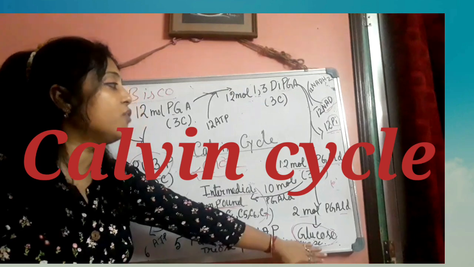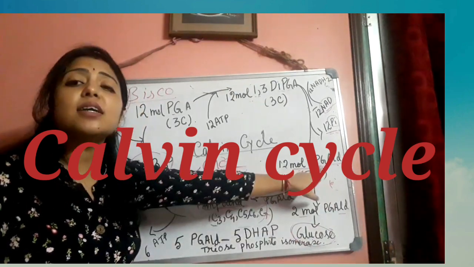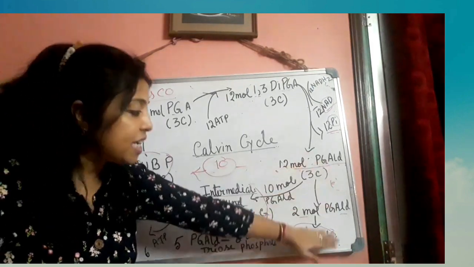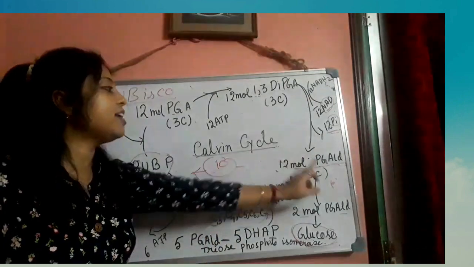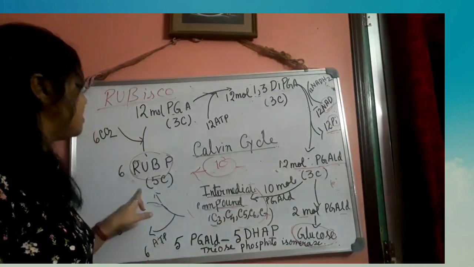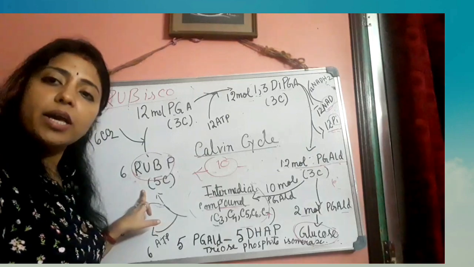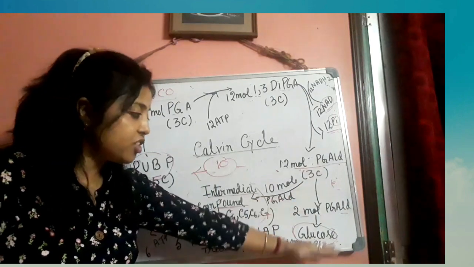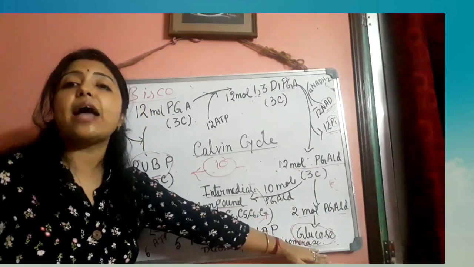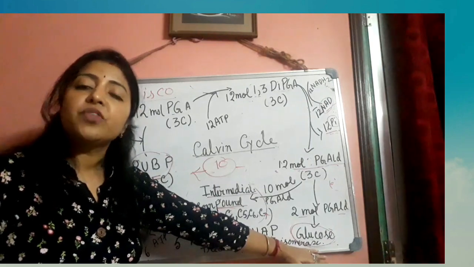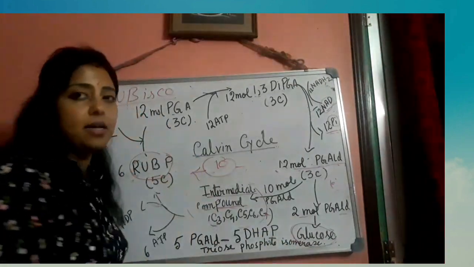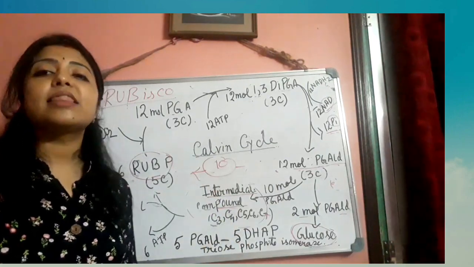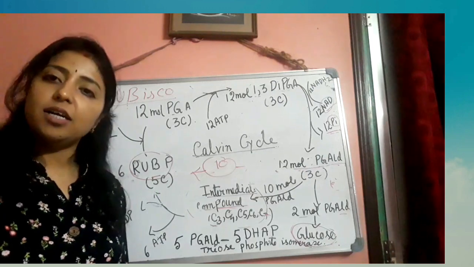But synthesis of glucose from phosphoglyceraldehyde is known as Blackman reaction, because Blackman explained that and Calvin explained that PGLD will be regenerating RuBP again. Okay, so this is the process of Calvin cycle, and formation of glucose is known as Blackman reaction. Clear? So this is the Calvin cycle or C3 cycle. Another cycle will be happening next time, that is C4 cycle. Clear? Thank you, students.